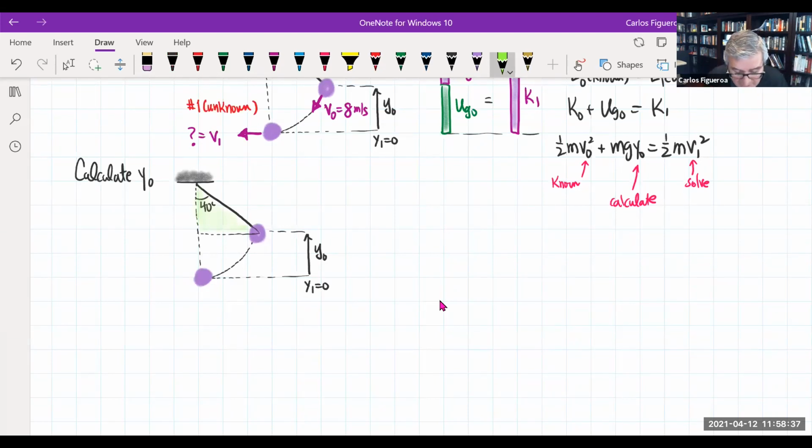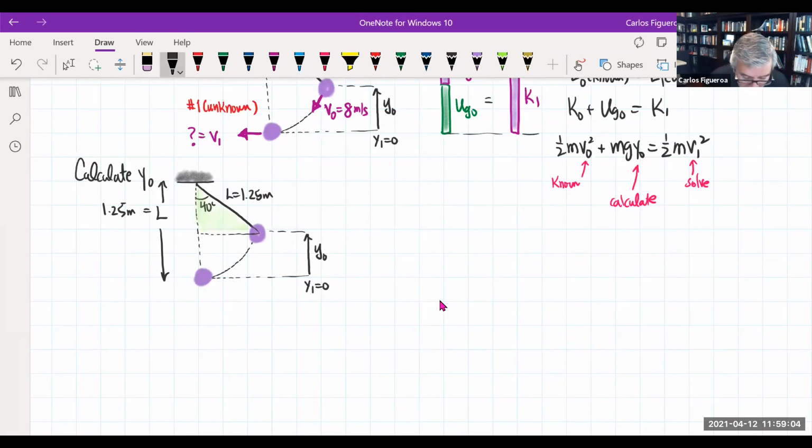And the reason is that we know the length of this string here is 1.25 meters. And even though they don't look the same, this length right here is also L. And of course, this must be the case because I just haven't drawn this to scale.